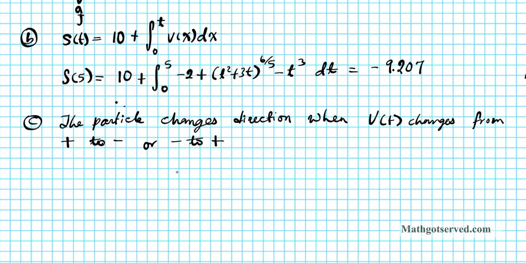So what we're going to do is graph the velocity function and look for where it changes from positive to negative or negative to positive, or basically a sign change on the domain 0 to 5. Okay? So graph v of t and find where the sign change happens.